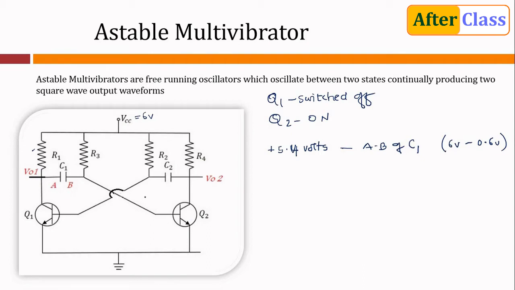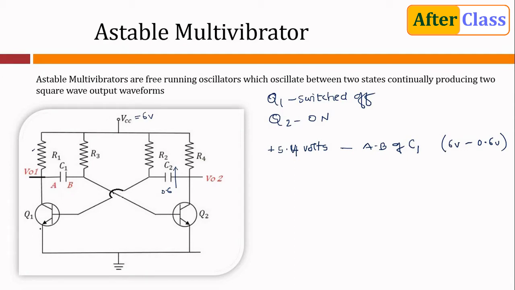So when the voltage across capacitor C2 rises to more than 0.6 volt, it biases the transistor Q1 into conduction, that is saturation. So I hope this is clear. The moment the voltage across capacitor C2 charges to 0.6 volt, it will make this device, that is transistor Q1, turn on. So it will start conducting.